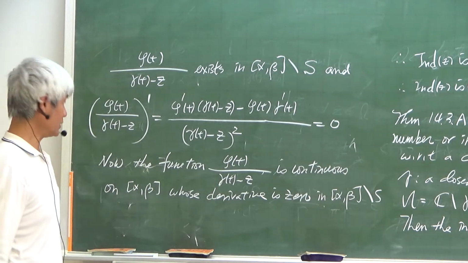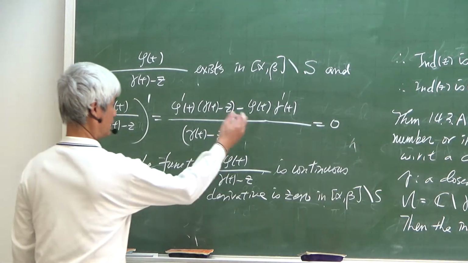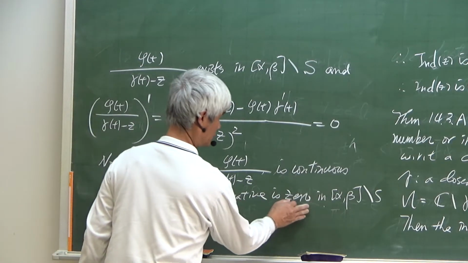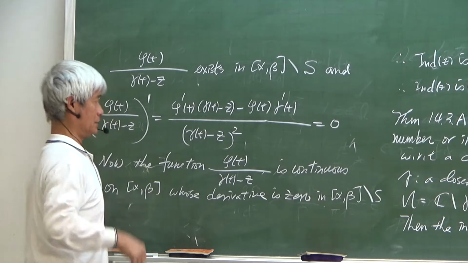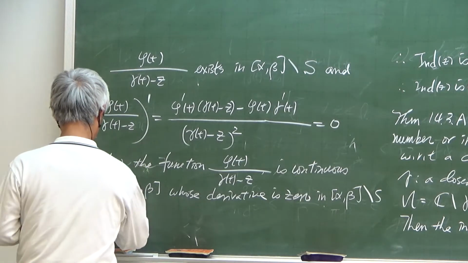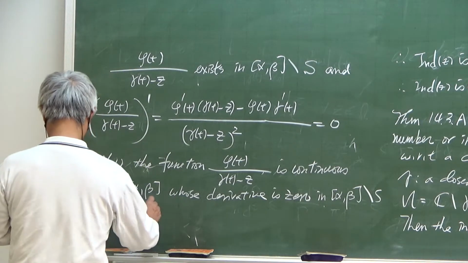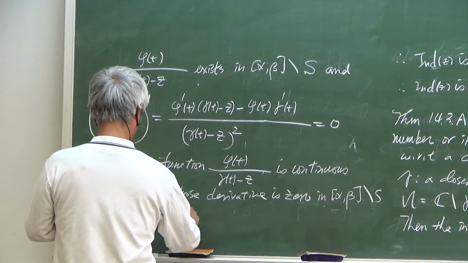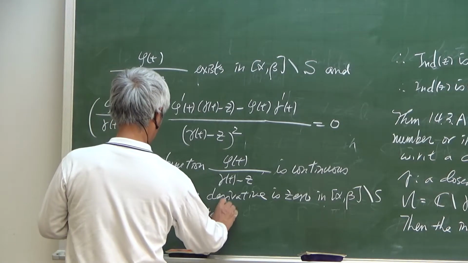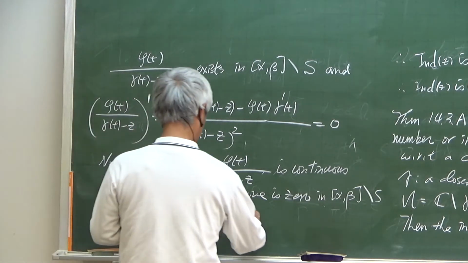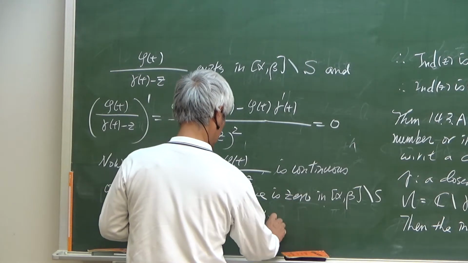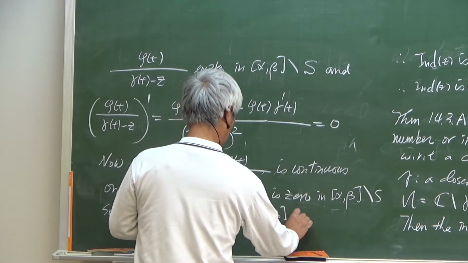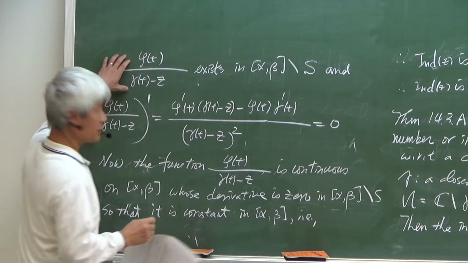What kind of function is continuous and has derivative equal to 0 on the interval except some points? The only possibility is that it is constant.